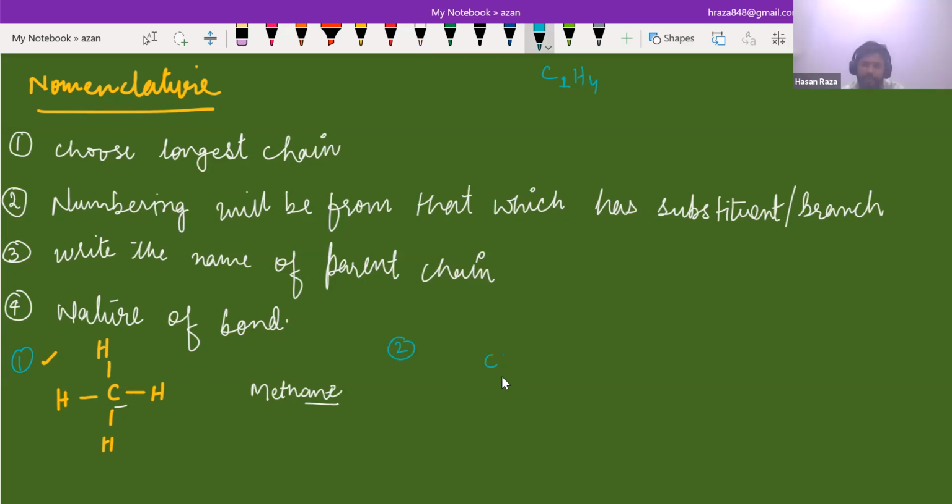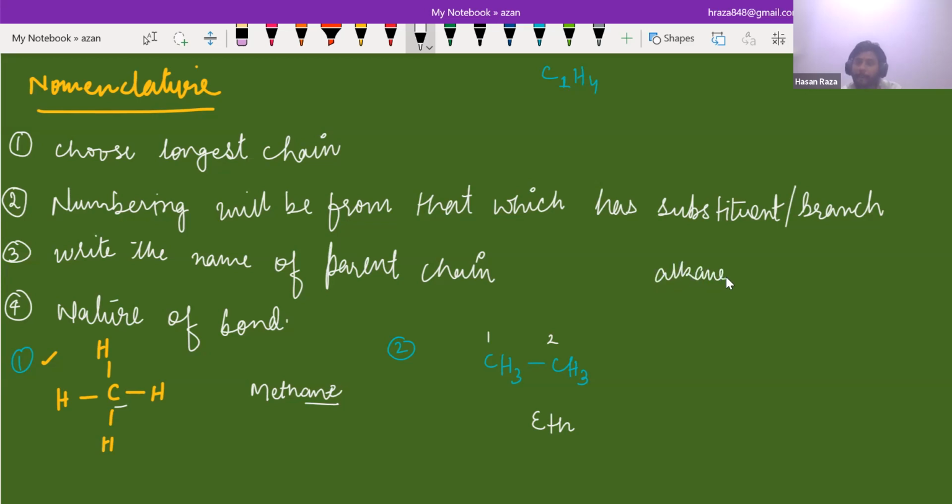Second is basically your CH3, CH3. So you are going to do the numbering. Either you can do from here and here, whatever you wish. How many carbon present in this? Two carbon. So for two carbon, it is eth. Can you tell me whether it is alkane, alkene, alkyne? You can clearly see that the bond is single, and if single bond exists between carbon and carbon, that is alkane.